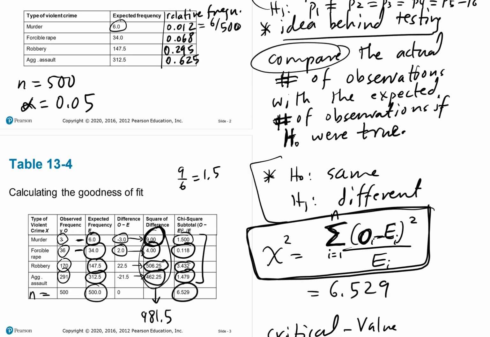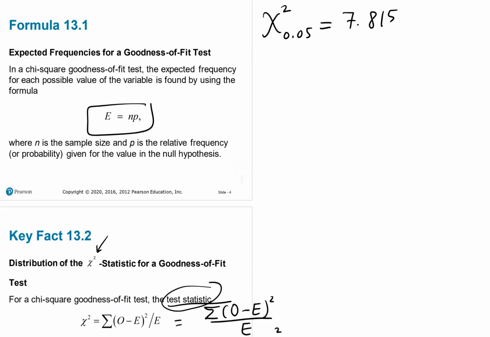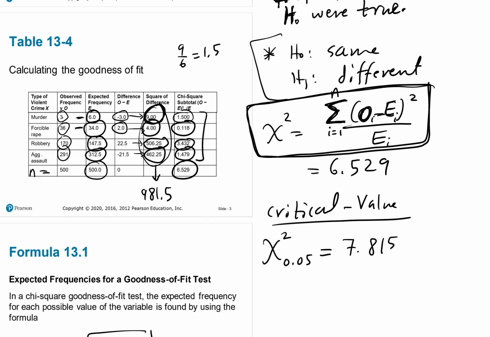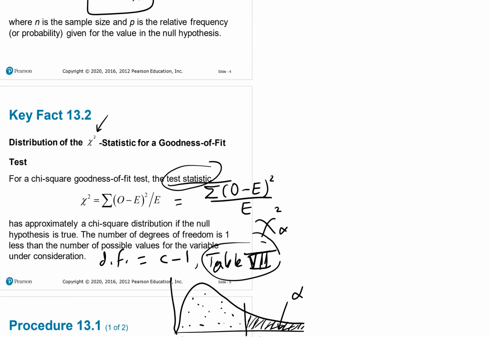This formula that you see here, one thing you need to be careful about, this sigma covers all of them. So I can rewrite it: the sum of O_i minus E_i squared over E_i, where i goes from 1 to n.